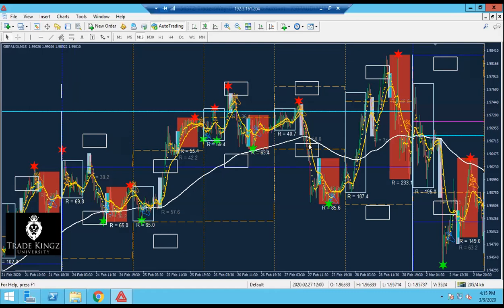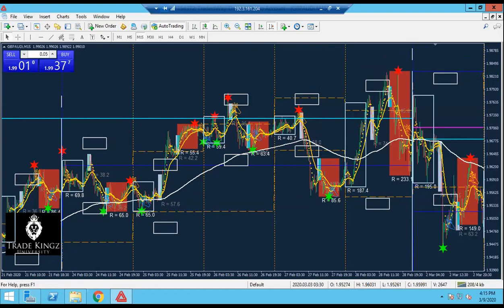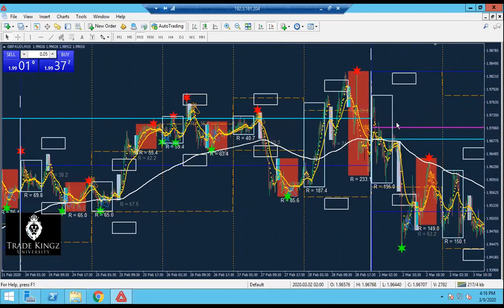Okay. And then there's another one. You're gonna see another baby blue one. It might not even be baby blue. I think it's like pink or something like that. It will be the previous month open. I'll show you as we go. Like that one there.